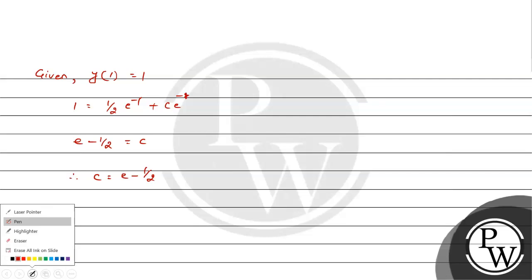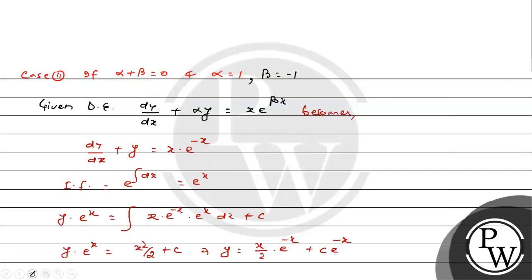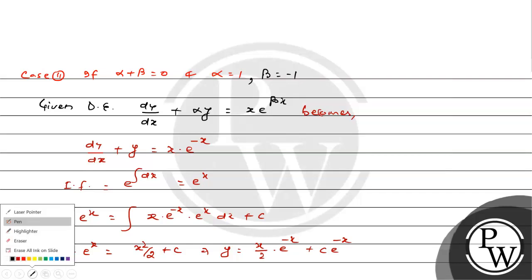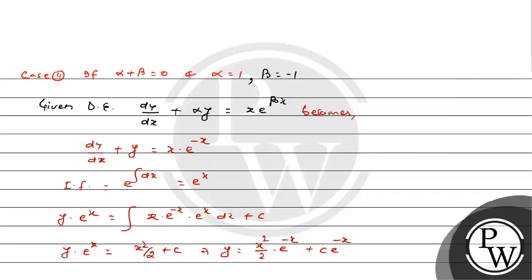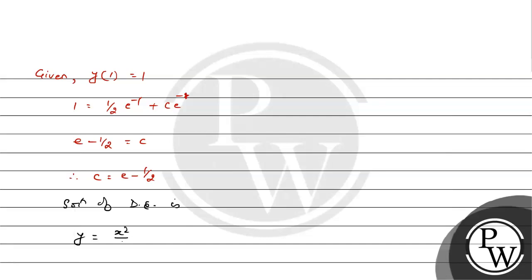Therefore, the solution of the differential equation is y equal to x squared by 2 e to the power minus x plus the value of c, e minus 1 by 2, e to the power minus x.